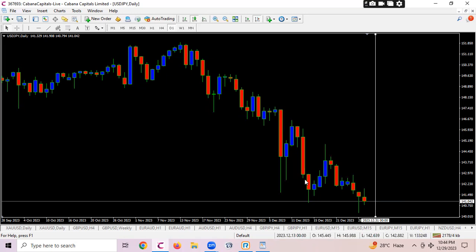Now, after the close of that candlestick formation, for example, we have this hammer, pick up your horizontal line and identify the low of that candlestick formation. After identifying the low, we want to know if that level was a support in the past.